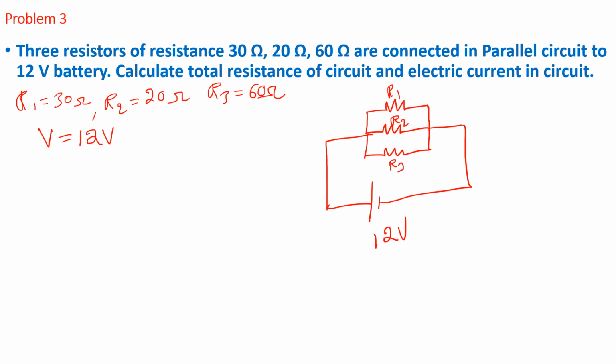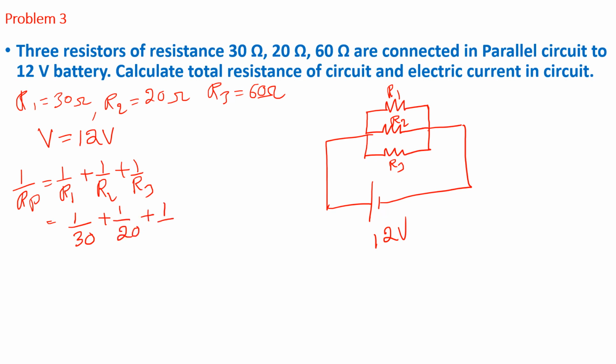Next, we need to calculate the total resistance. So what is the formula for the effective resistance in the parallel combination? That is 1 by Rp is equal to 1 by R1 plus 1 by R2 plus 1 by R3, which is equal to 1 by 30 plus 1 by 20 plus 1 by 60.